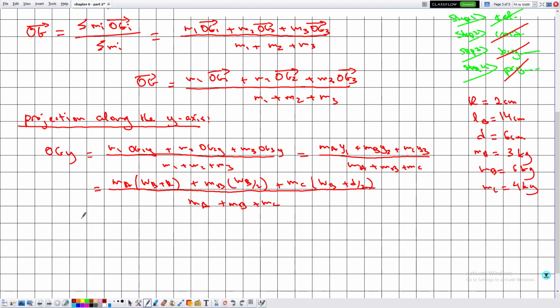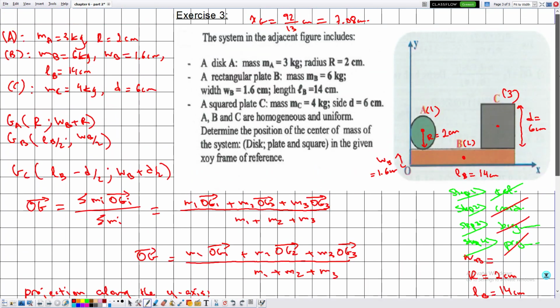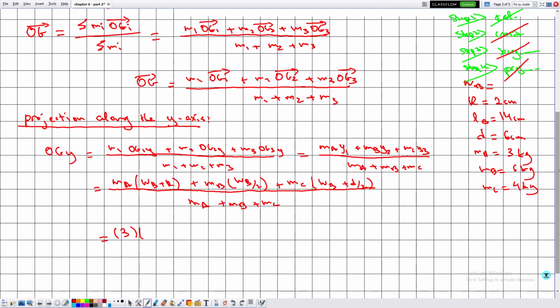And now let's replace the values. So MA is given by 3 multiplied by WB plus R. I didn't specify here the value of WB, I think it's given by 1.6. So 3 multiplied by 1.6 plus the value of R, which is 2, plus MB, which is 6 multiplied by WB, 1.6, divided by 2, plus MC, which is 4 multiplied by 1.6 plus D, 6, divided by 2.